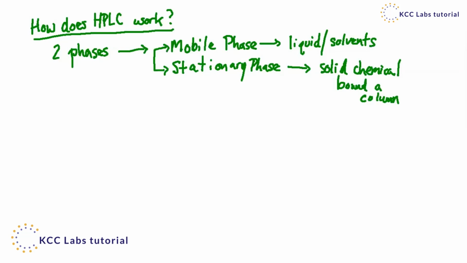The compounds will adhere to the stationary phase, and then they will slowly be washed along depending on their preference or their binding to the stationary phase. So the mobile phase is pumped through at a steady rate. And then depending on the polarity of that mobile phase and the polarity of the stationary phase, that will determine how quickly your materials move along the column.